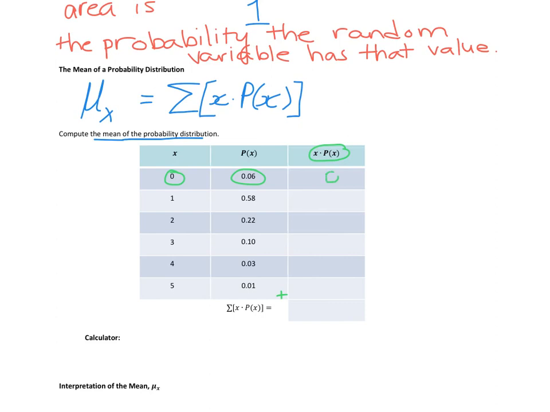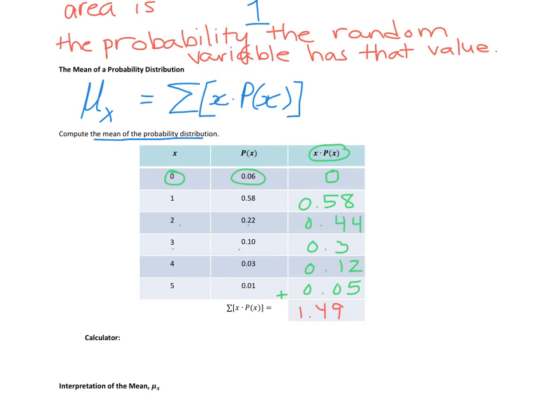So this is going to be 0. 1 times 0.58 is 0.58. 2 times 0.22 is 0.44. 3 times 0.1 is 0.3. 4 times 0.03 is 0.12. And then finally, we have this, and we add it up all together, and we get our mean. We get a 1.49.